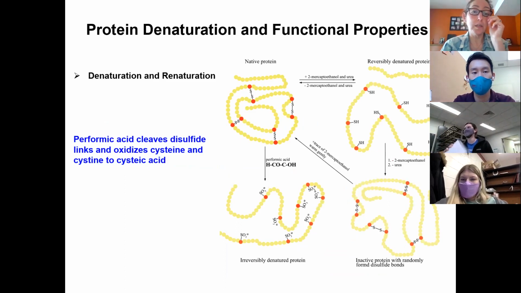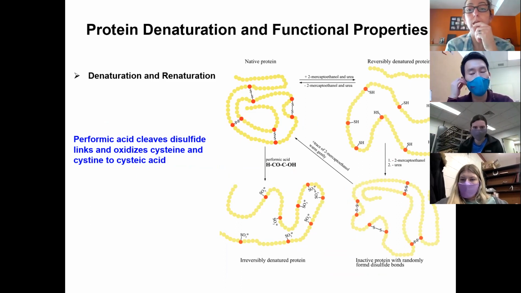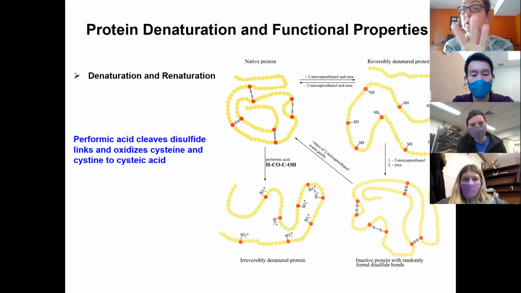Okay, so denaturation and renaturation. You can also denature the protein by breaking disulfide linkages. So you can add a reducing agent and you unfold the protein by breaking the disulfide linkages.